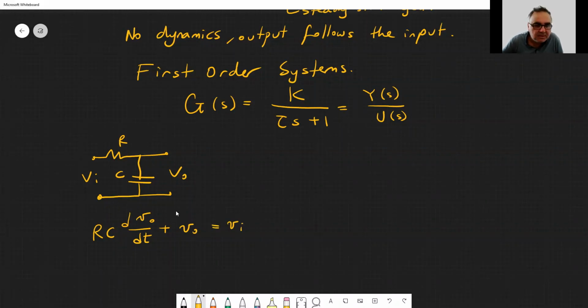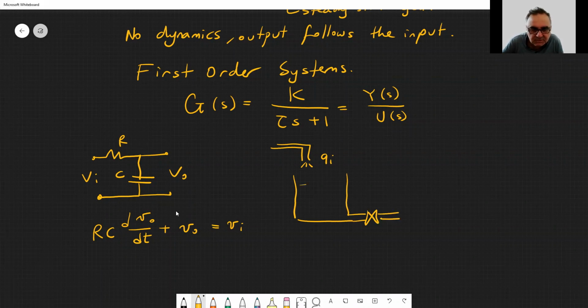Okay. Similarly, a tank system, a fluid flow tank with QI as input, and an output resistance, let's say.